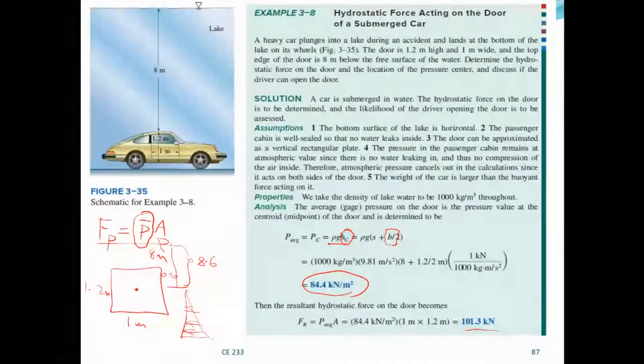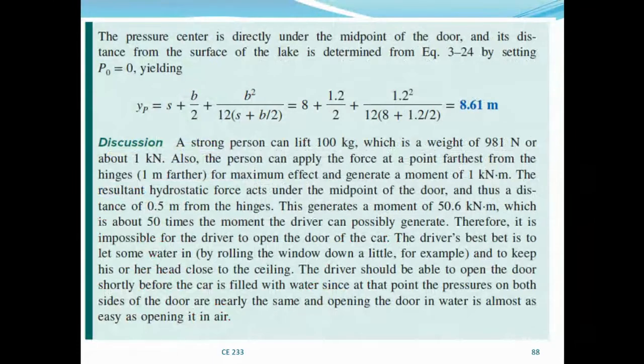So we now need to find the center of pressure. This is the resultant hydrostatic pressure force. We can use FR or FP, whichever one, all refer to the same thing. Now, to find the center of pressure, we apply the formula for the center of pressure.